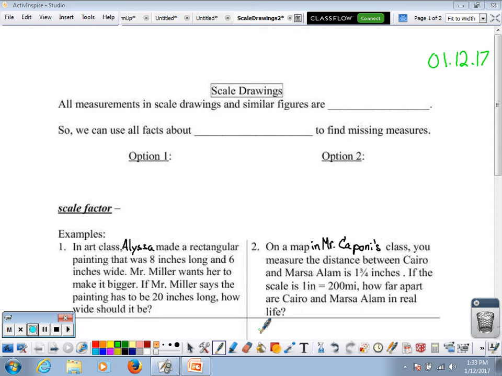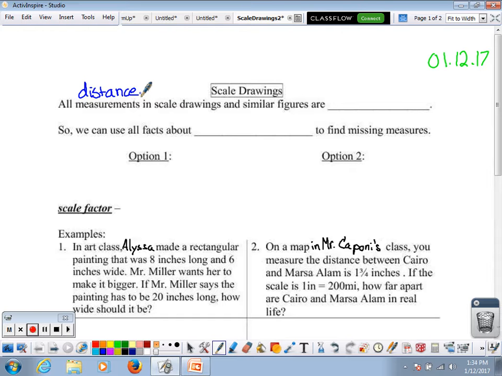So today, guys, we're going to take another look at scale drawings. We're going to look at a different approach than we did yesterday. Tell me this. We said yesterday that all the measurements, specifically all of the distance measurements, in scale drawings and similar figures are blank.